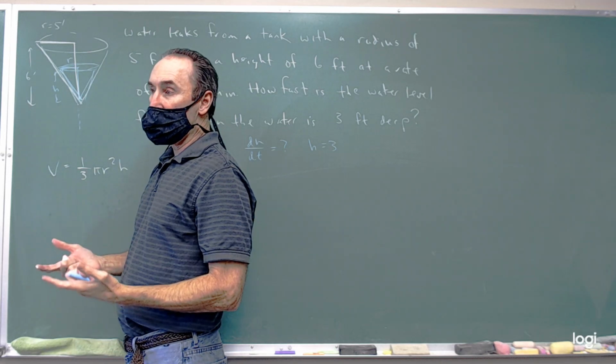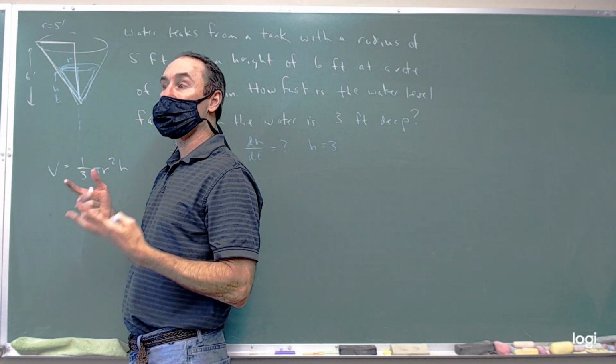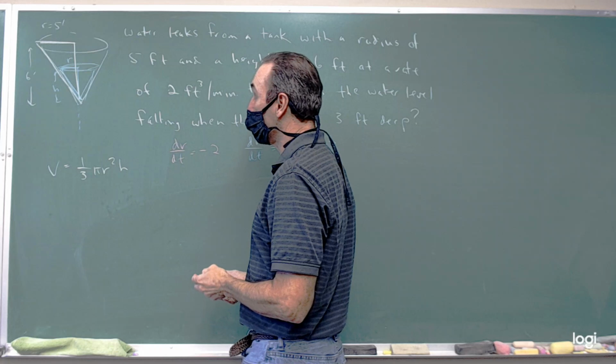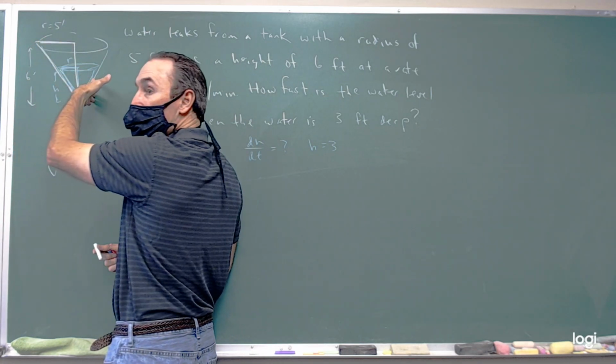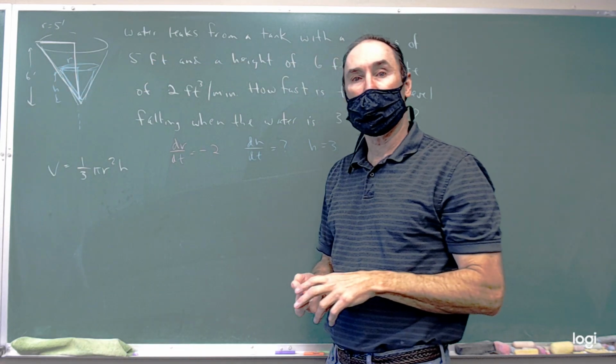And from your geometry days, we know that similar triangles have proportional sides. So that means we can set up a proportion between the sides of the tank and the sides in the water triangle.